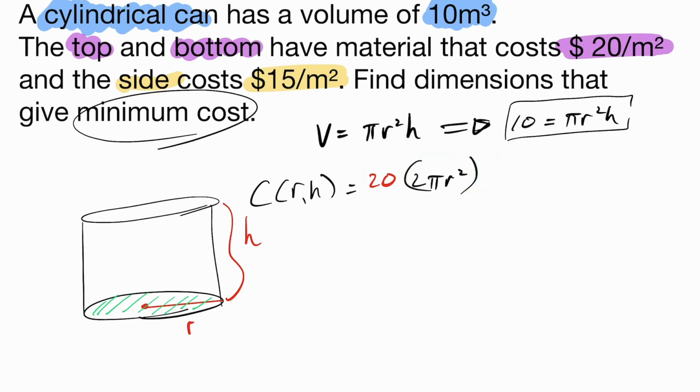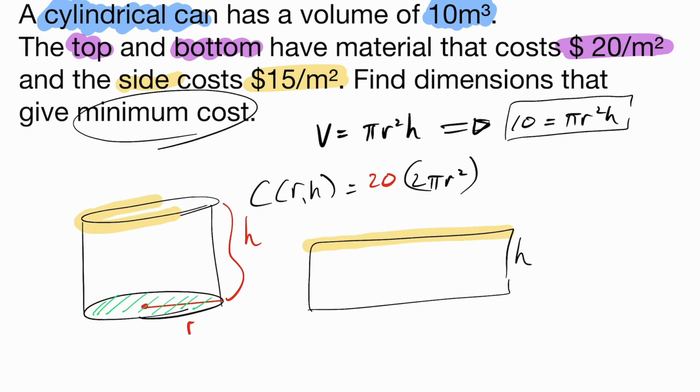Similar strategy for the sides. Now, when you take a look at the side of the shape, if you unravel this side shape here, which is wrapped around the can, you're just going to be left with a rectangle, where this is still my height. However, the distance from here to here is exactly the distance around this can.